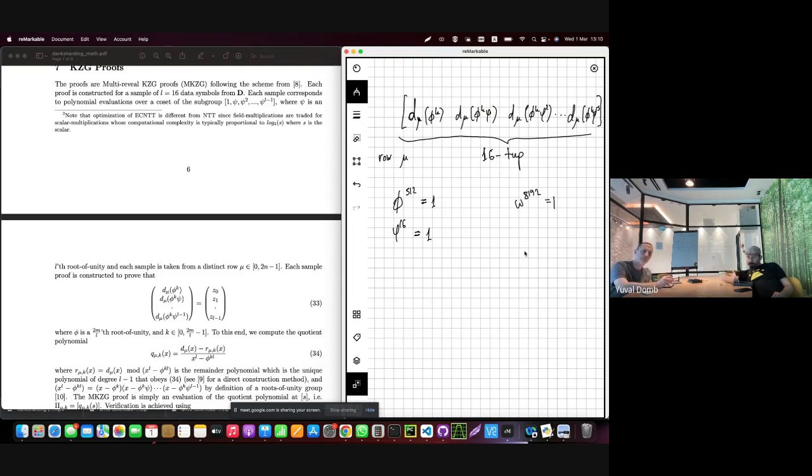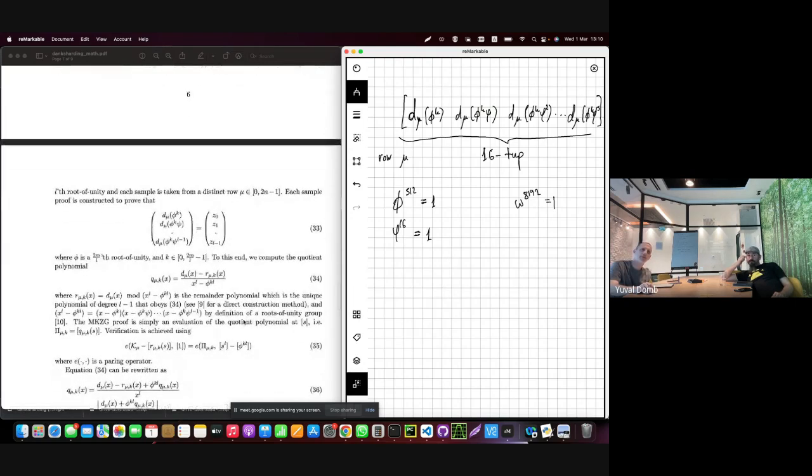Okay. And if you look at equation 34, it is basically just a multi-reveal equation. So if I take d mu of x, that's the whole row, that's actually the polynomial of row mu, because d mu of x is the evaluation at point x.